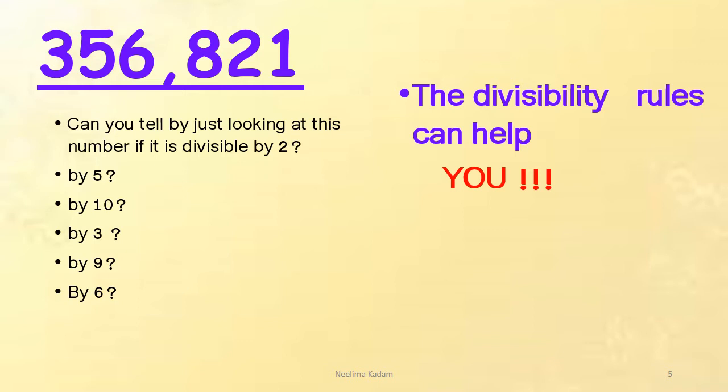Just looking at this number, that is 3,56,821, a big number it is, but just by looking at this number, we can surely say whether this number is divisible by 2 or by 5 or by 10 or by 3 or by 6 or by 9 or by 4. How? Yes, the divisibility rules can help you. Okay?